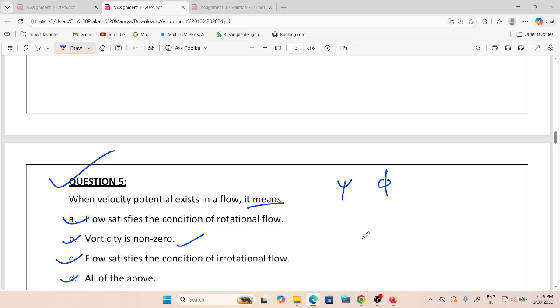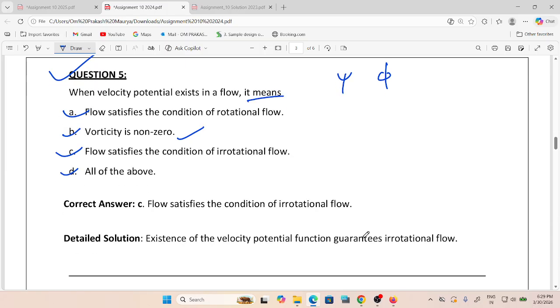So yes, if your velocity potential function exists in a fluid flow, then the flow satisfies the condition of irrotational flow. Remember, if your phi exists, it means the flow satisfies the condition of irrotational flow. Existence of velocity potential function guarantees the irrotational flow. So here I'll explain one thing.